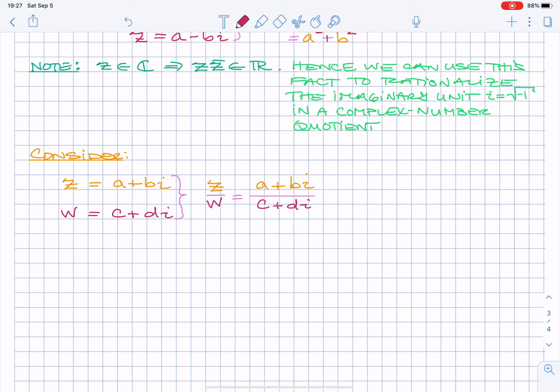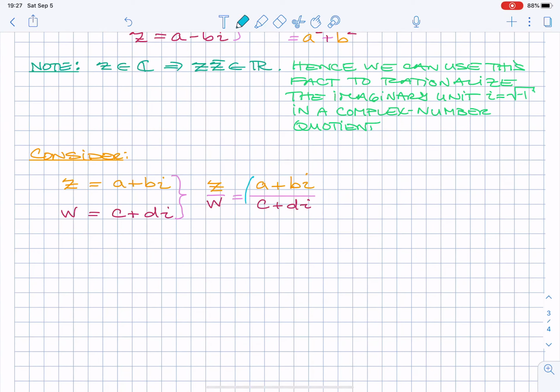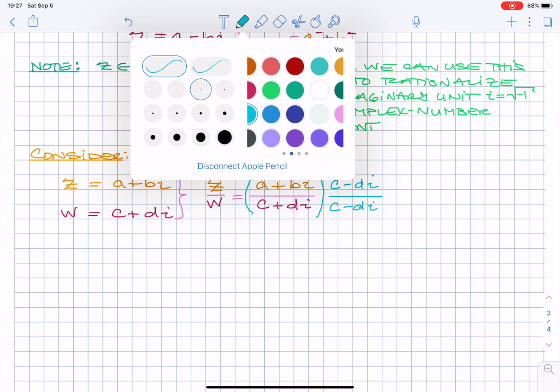But in order to rationalize that i in the denominator, I would need to multiply top and bottom by, let's do blue, the complex conjugate of the denominator, which will be c minus di. So c minus di. Okay, so what do we get?